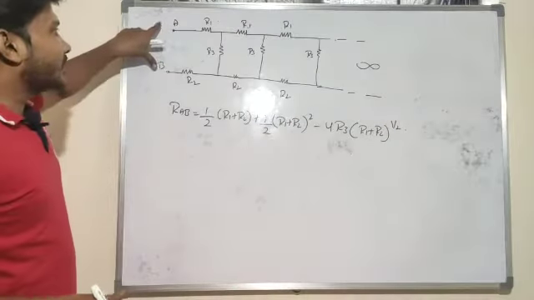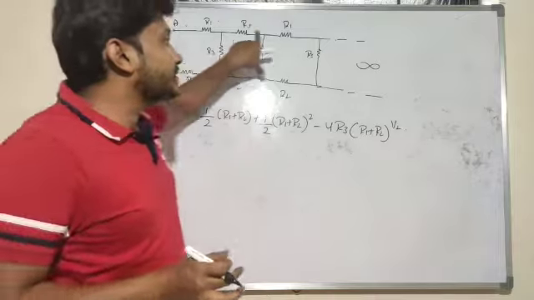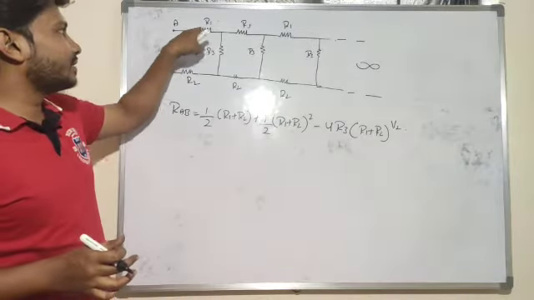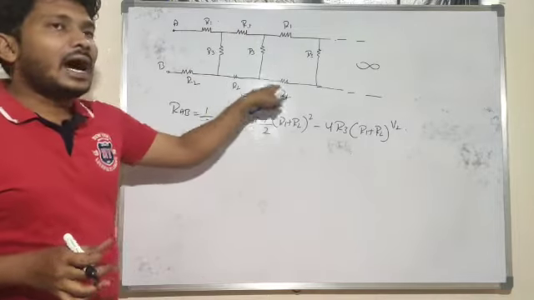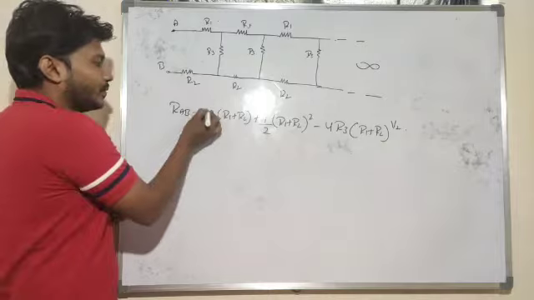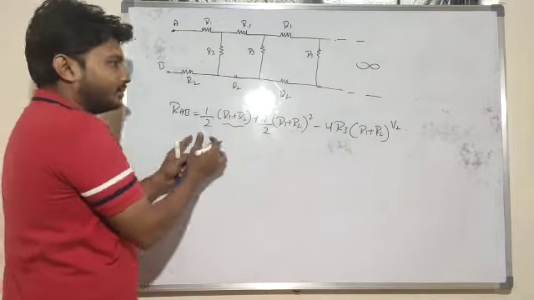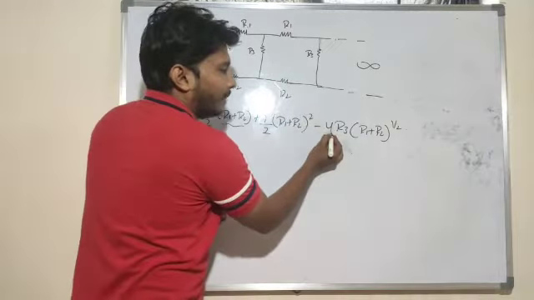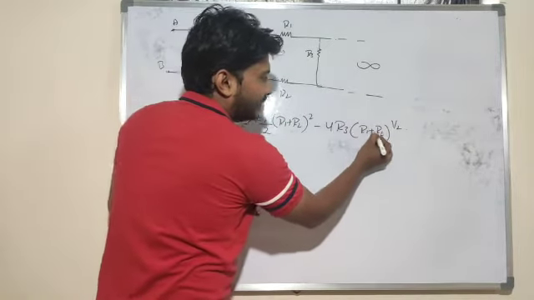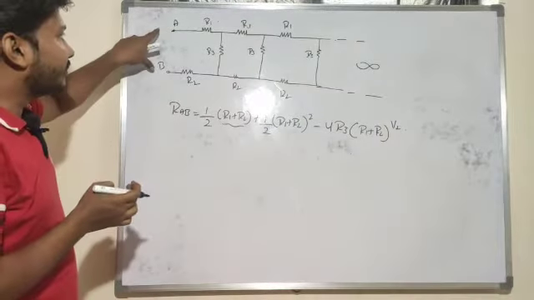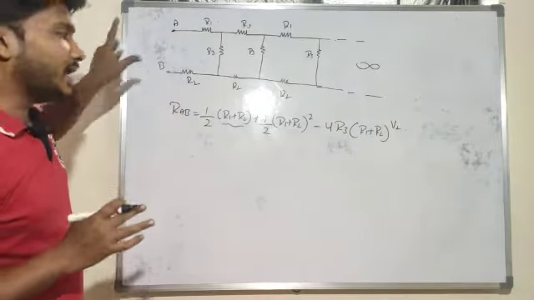In order to calculate the effective resistance in case of infinite resistances, 3 resistances are there: R1, R2 and R3 here. So let me find out the effective resistance between AB. So this is the direct formula to determine the effective resistance between A and B here.